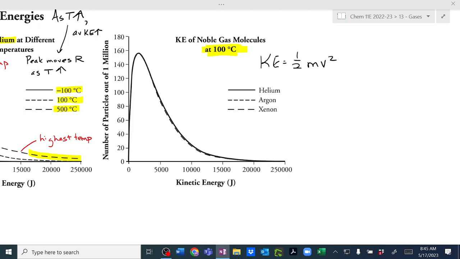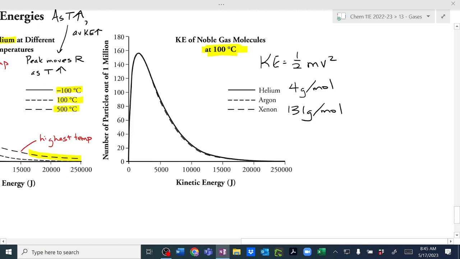And we have helium, we have argon, and xenon. And what can you say about all three of those curves? Pretty much the same. We've got helium, which has a molar mass of 4 grams per mole. We have xenon, which has a mass of approximately 131 grams per mole.